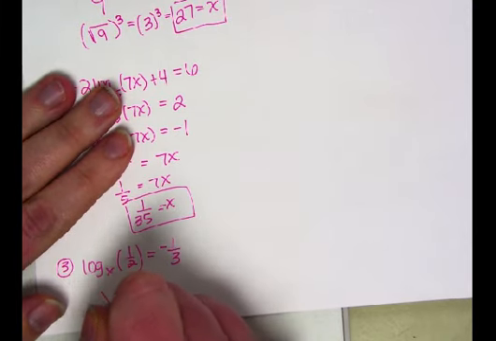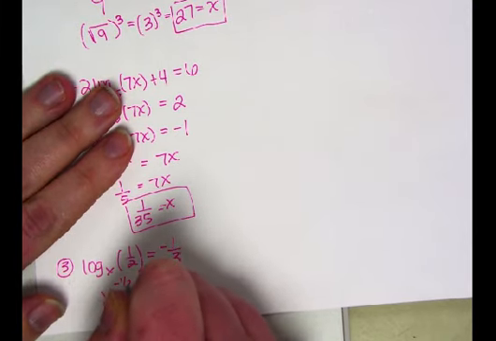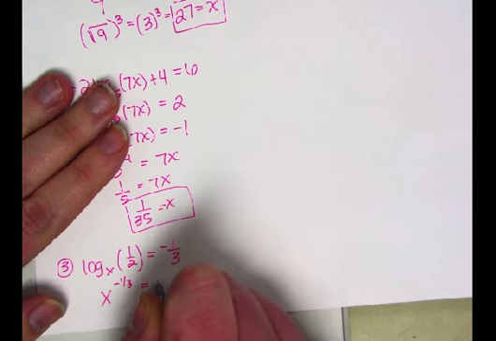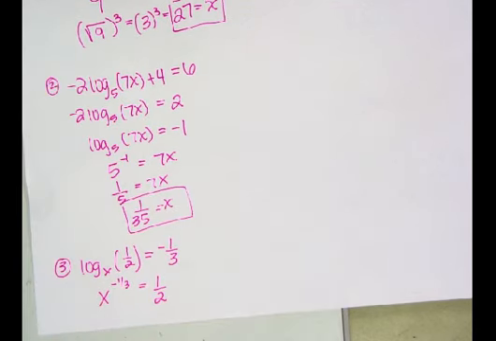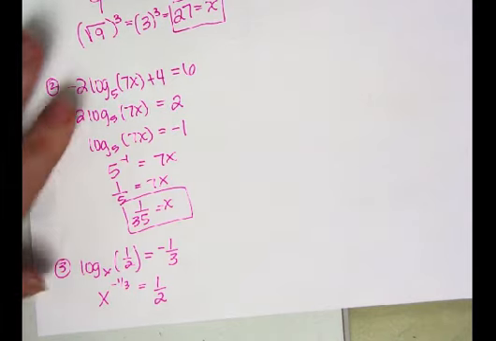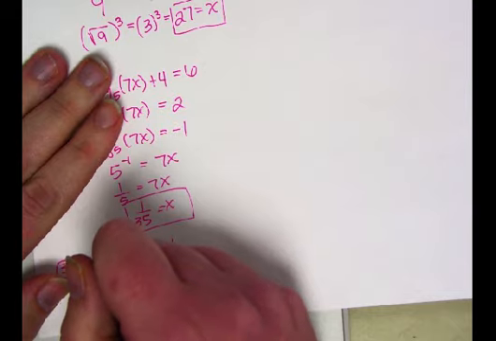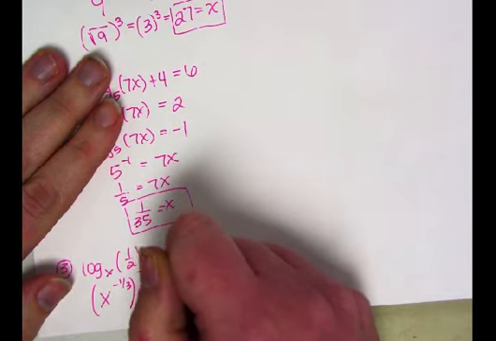It's a base of x to the negative 1/3 power, and it equals 1/2. I know a negative exponent means 1 over that thing, and the 1/3 exponent means cube root. So this would be like 1 over the cube root of x, and that seems kind of ugly to solve for x.